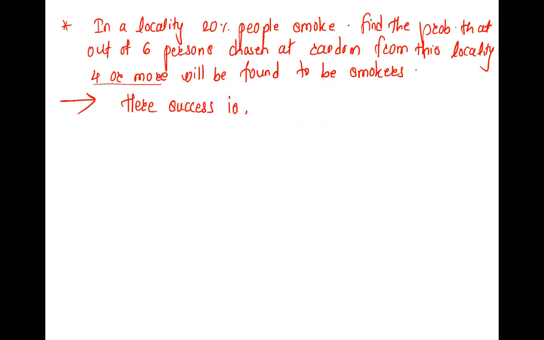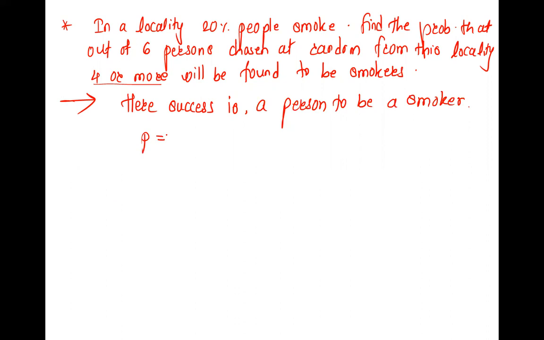Whenever we write the success, ignore this part, 4 or more. So what is success? A person found to be a smoker. Whatever is the question, that is your success.